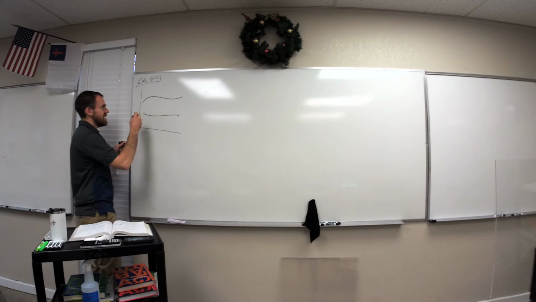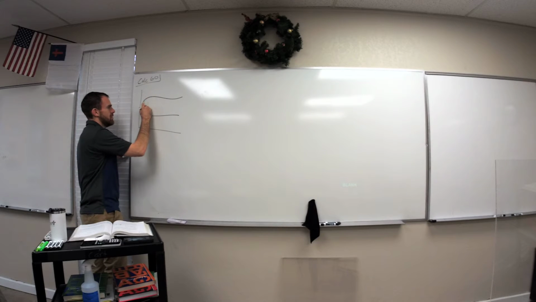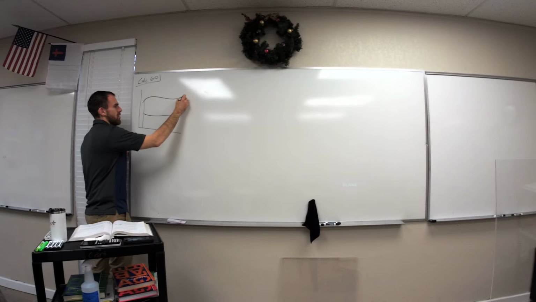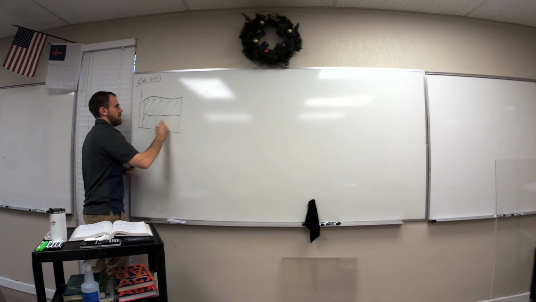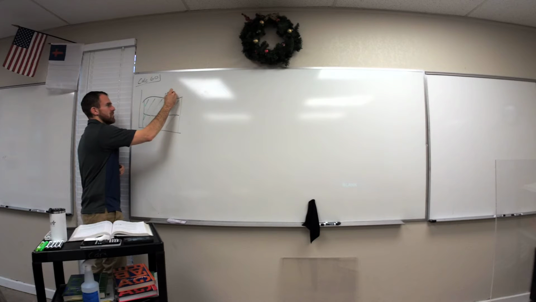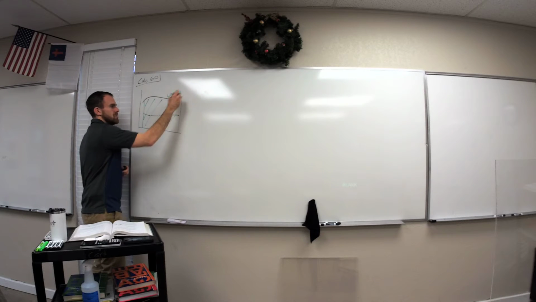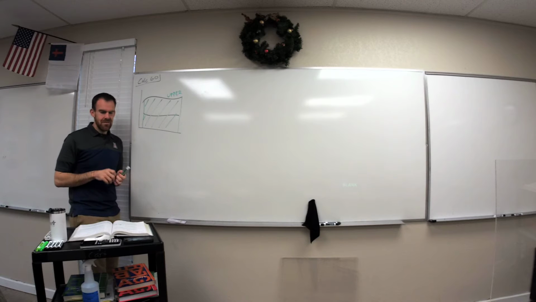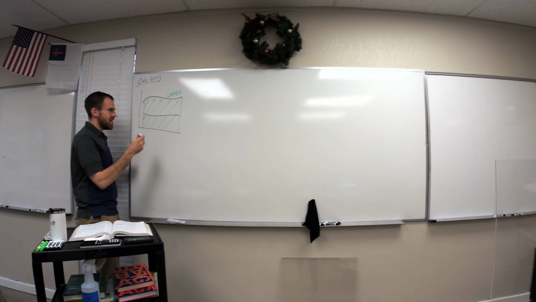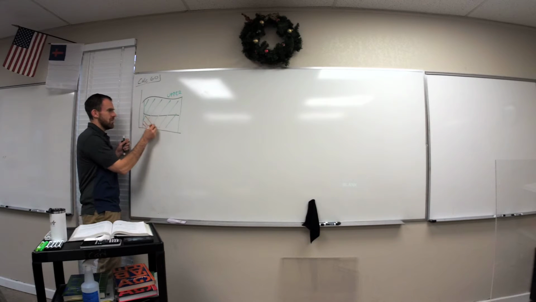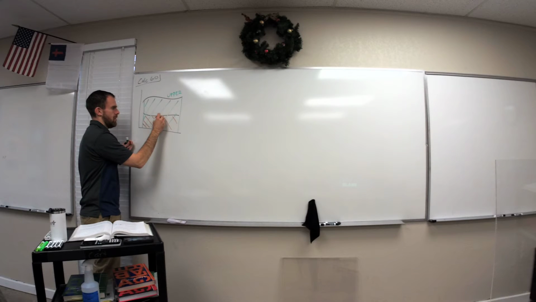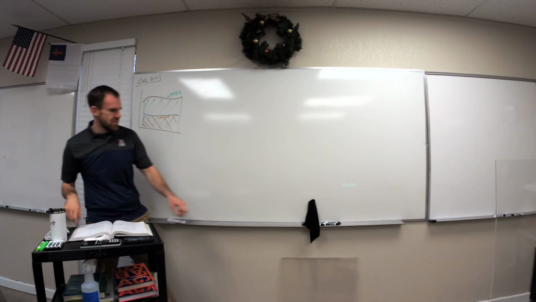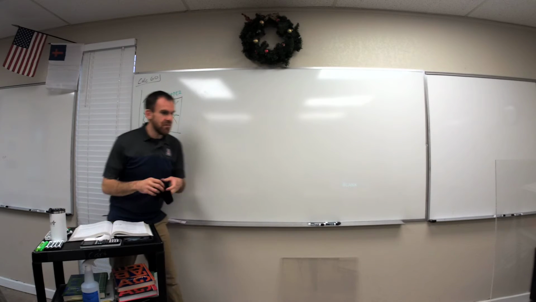You're gonna take the area under this curve, so your upper curve, and then, you ready for this? You're gonna subtract the lower one. So if you have the upper curve and you subtract the lower curve, what are you left with?